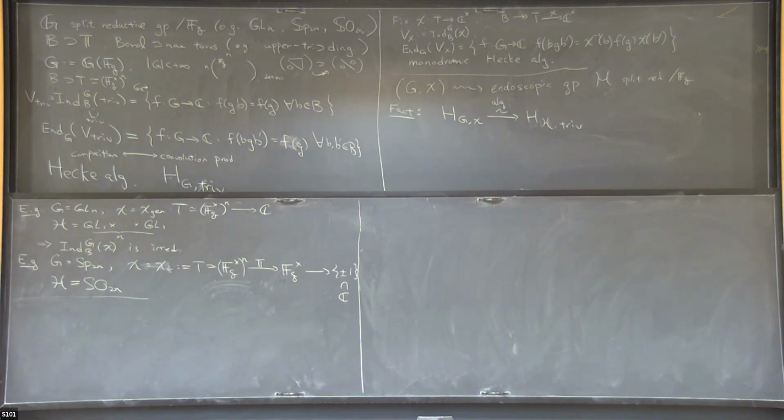So far, any questions? I'm confused by the case of SL_2. If you take n equals 1 in the example, will you indeed get a split group from your H? I always give the split group. So in the case of SL_2, I think either it's SL_2 or a torus.